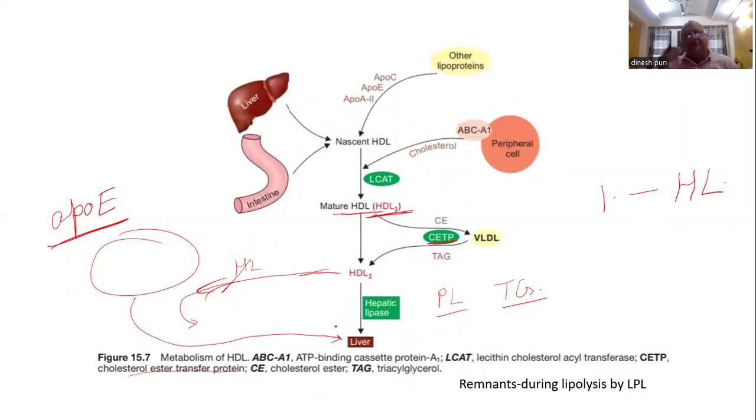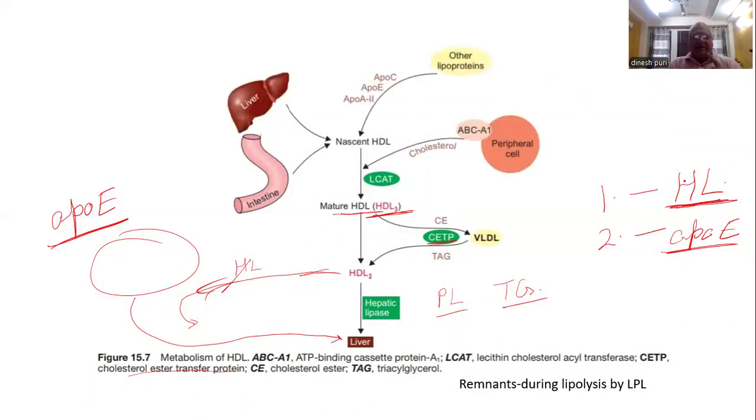They are endocytosed. So this is the second route of reverse cholesterol transport. The first is HDL hepatic lipase mediated. Second is ApoE. Note the difference between them. Here the full HDL particle is endocytosed. Here the full HDL particle is not endocytosed. Only the cholesterol is transferred into the liver cell.